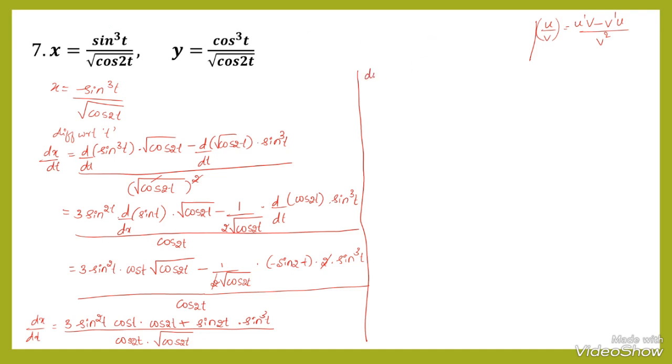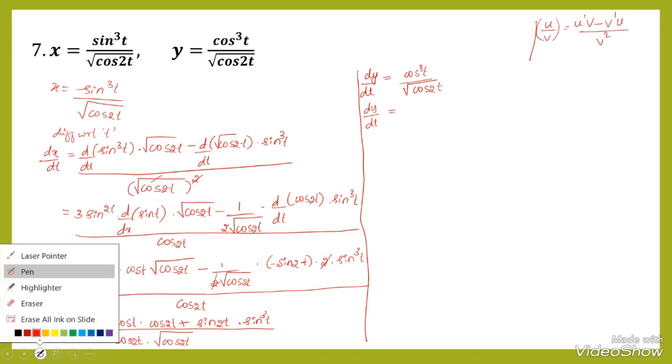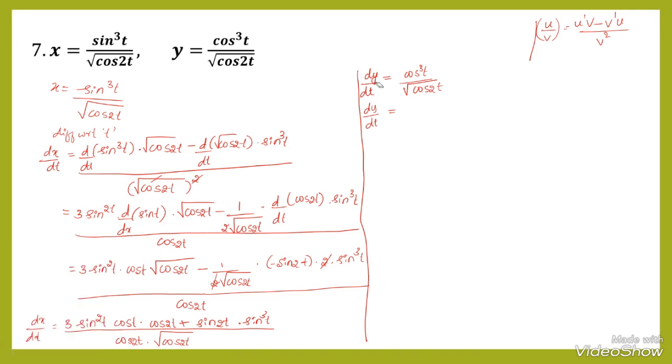Similarly, for dy by dt, y is cos cube t divided by root of cos 2t. I can differentiate by using the u by v quotient rule. Here there is a y only. y becomes cos cube t divided by root of cos 2t.